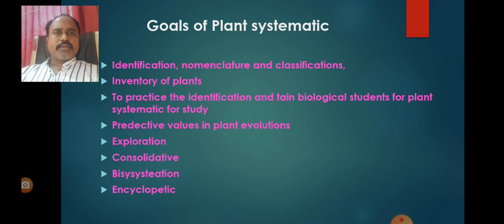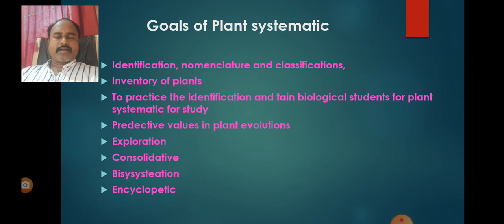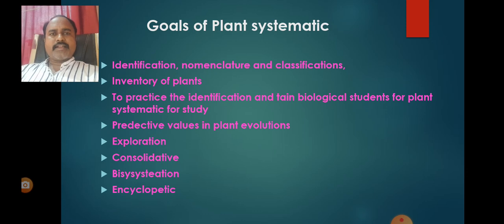The second goal of plant systematics is an inventory of the plants. The inventory of the plants is nothing but a survey of plant individuals in a particular region. It may be a small region, even one plateau, one small tehsil, district level, state level, country level.